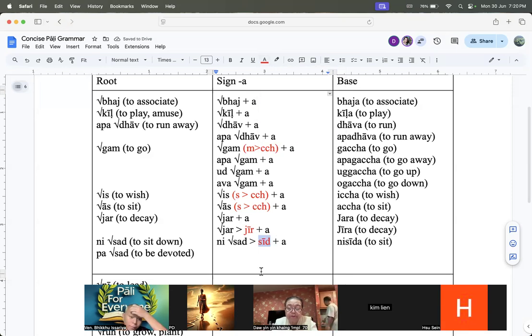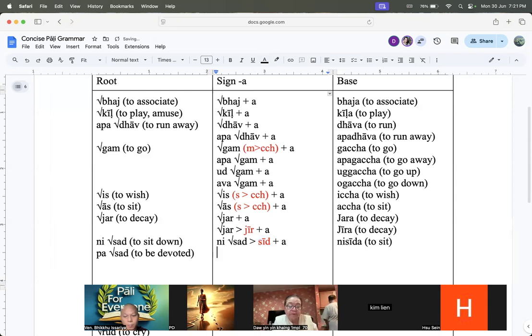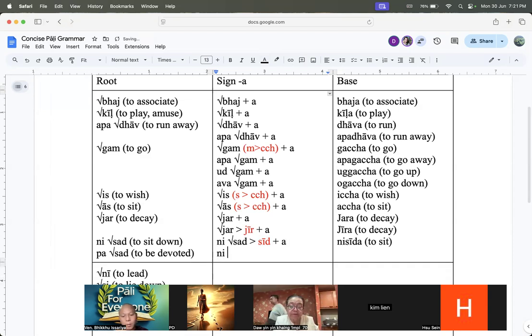And then the same root, next one. So ni prefix. So root sad, but that root sad changed to seed and the up. So, oh, sorry, not ni, ba.